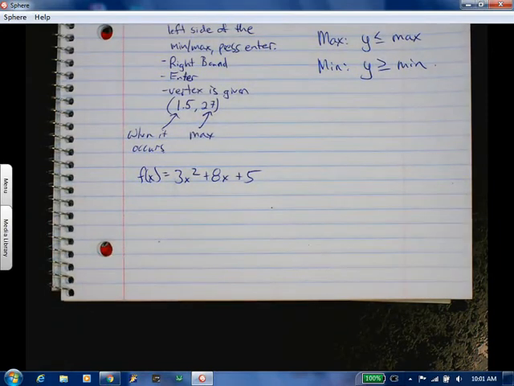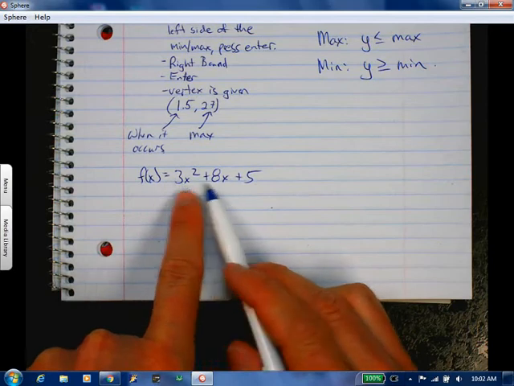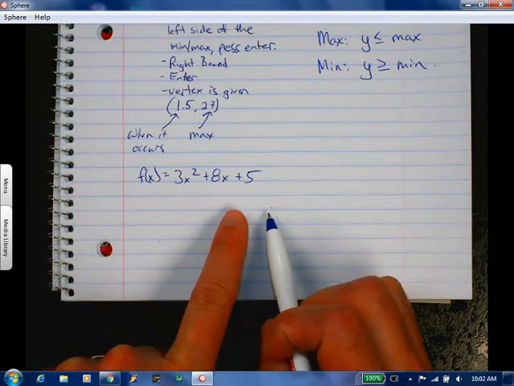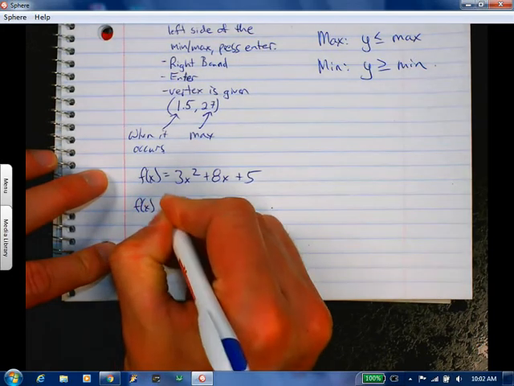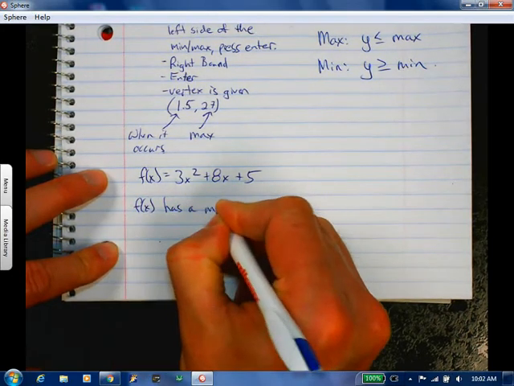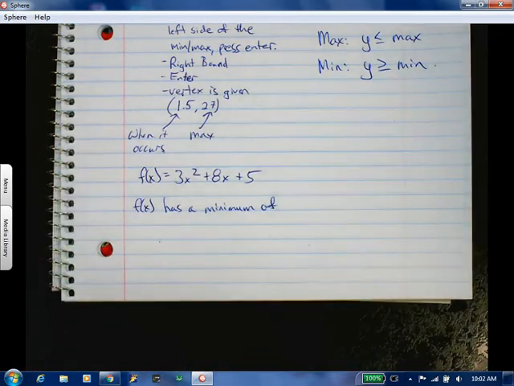First thing, you state whether the function has a minimum or a maximum. Minimum, because of the 3, the 8, or the 5. Which one tells you that? The 3. Okay. F of x has a minimum of, now we graph it, and we're going to use our calculator to help us find that minimum.